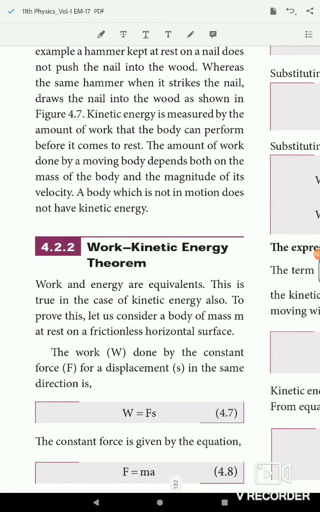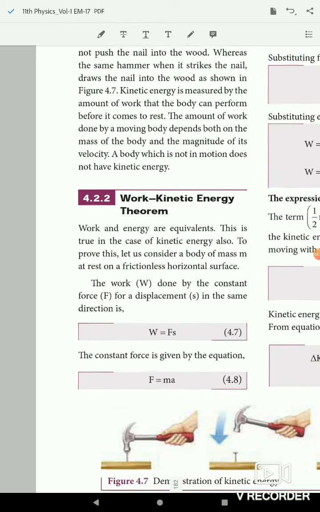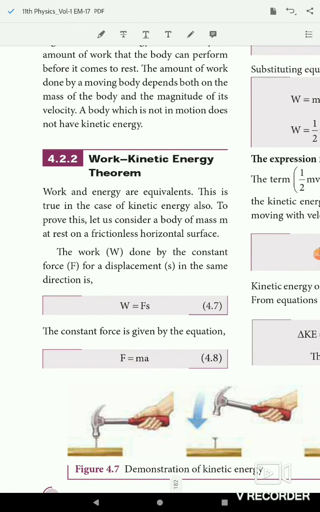A body at rest has potential energy. So work and energy are equivalent. This is true in the case of kinetic energy also.